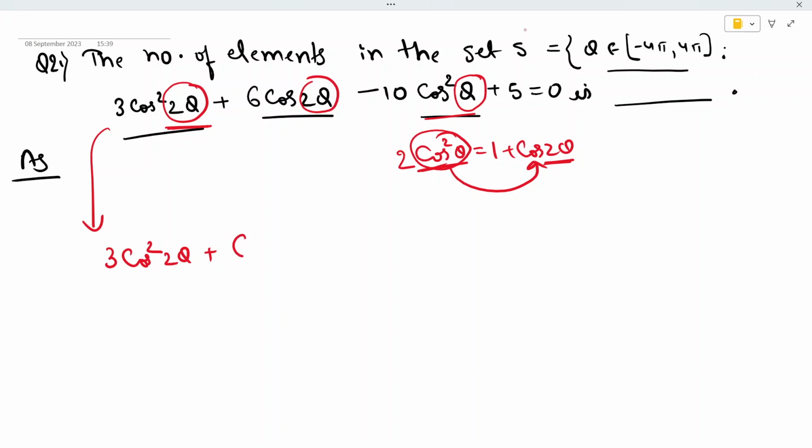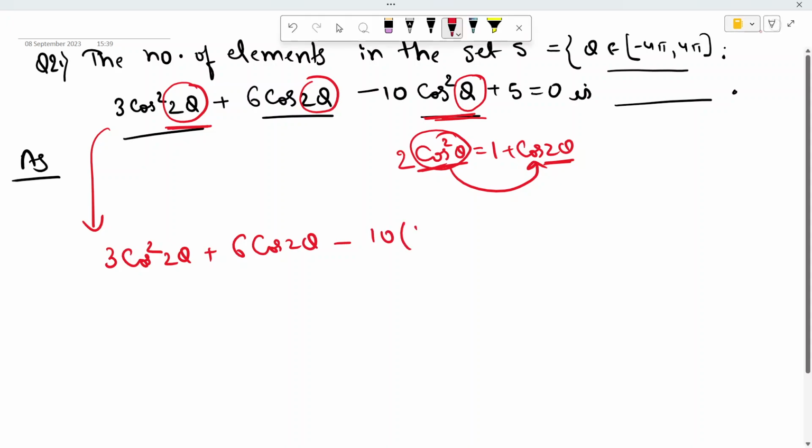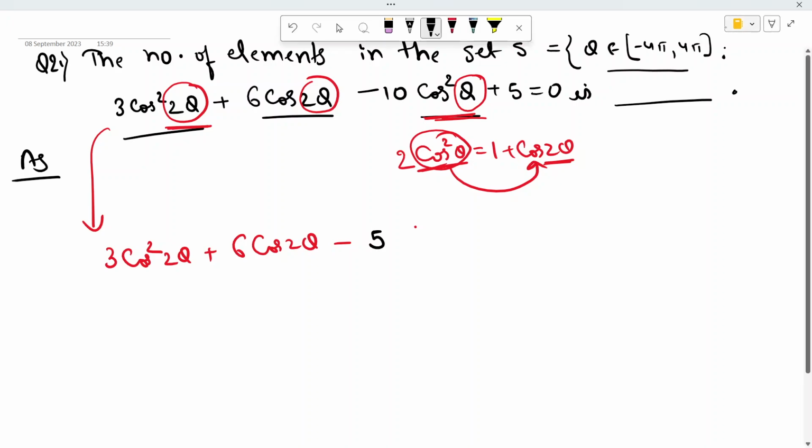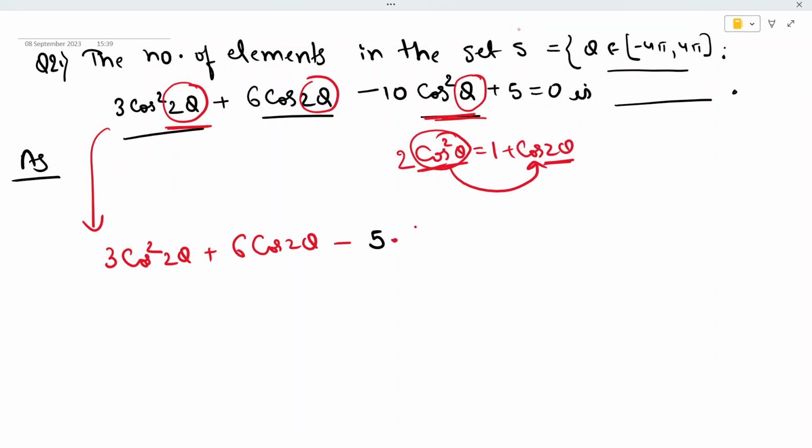That's what I am doing here, because you have to remember the formula at the same time, otherwise it is not possible. 6 cos 2 theta minus 10, and we know you can write this as 5 into 2 cos square theta. From here we can write directly 1 plus cos 2 theta, plus 5 is equal to 0.